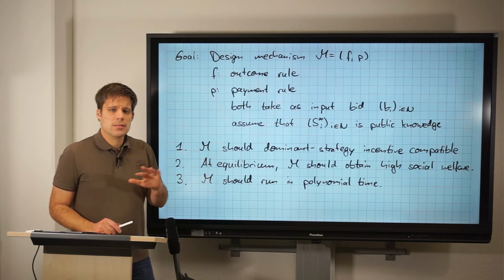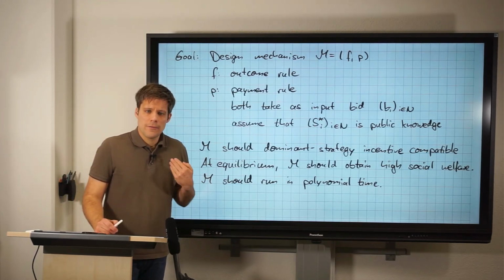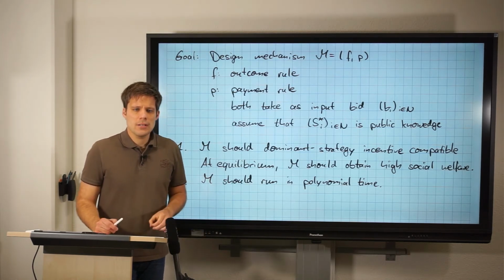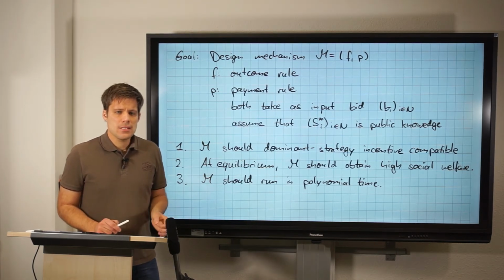So all this truthfulness is actually not our first hurdle, but rather that solving these combinatorial auctions exactly is an NP-hard optimization problem.